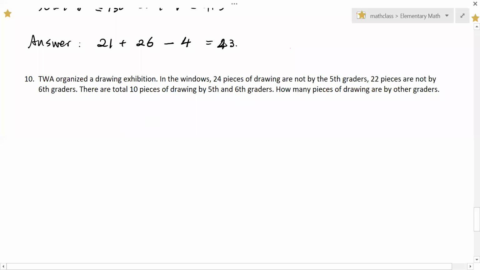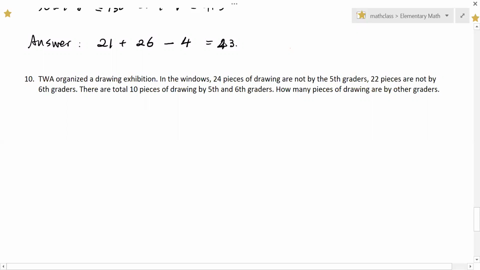I forgot the one sentence here. This school has first grade all the way to sixth grade. There are total 10 pieces of drawing by fifth grade and sixth grade. How many pieces of drawing are by other graders?